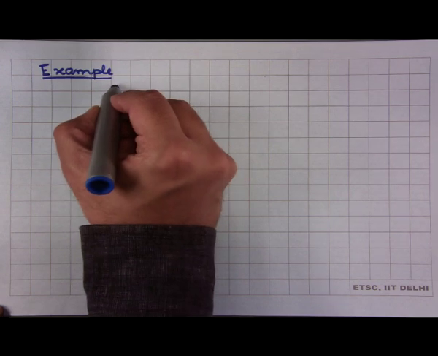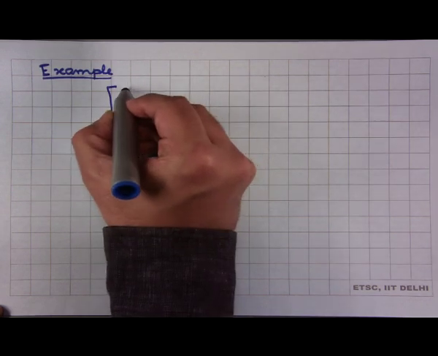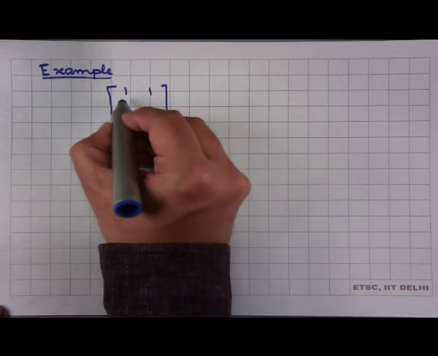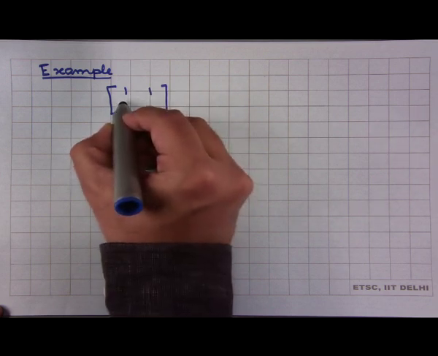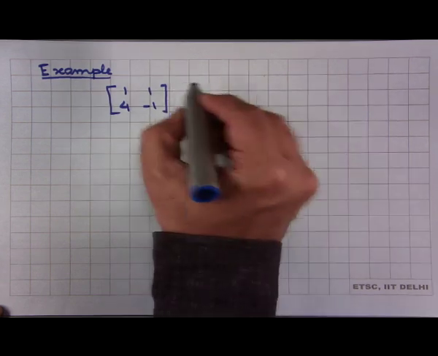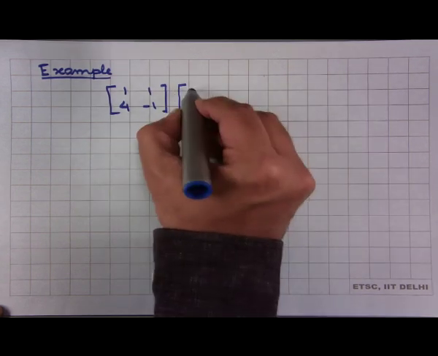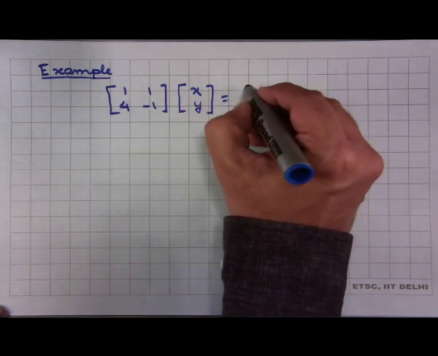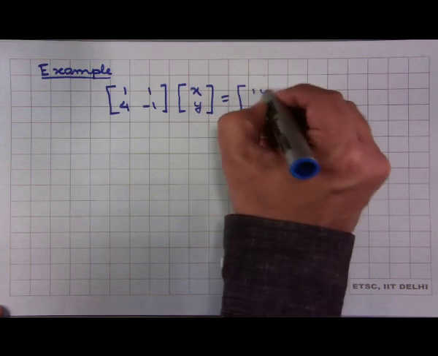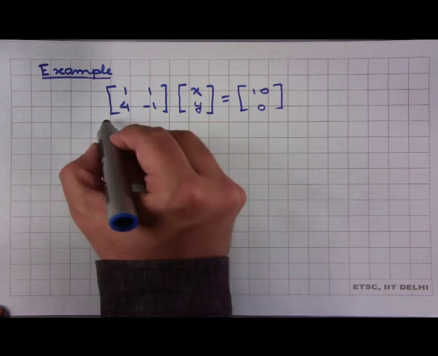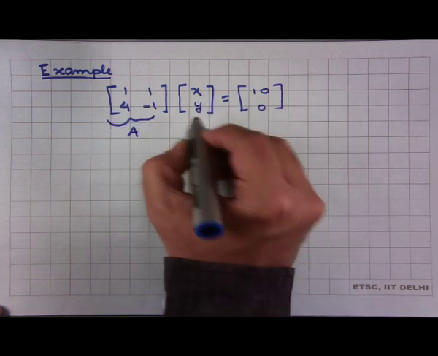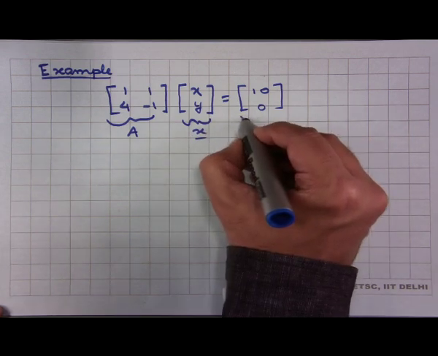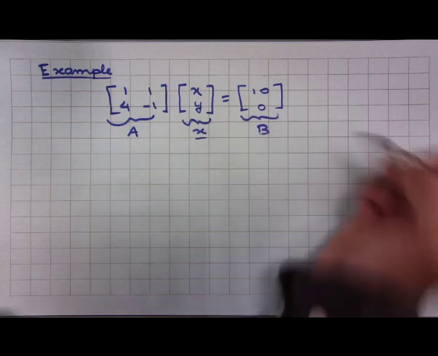So, this system of equations that we had written in the first lecture had as the matrix A 1 1, 4 minus 1, times x y, and this was equal to 10 0. So, this plays the role of A, this plays the role of x bar, and this plays the role of the B matrix. All right.